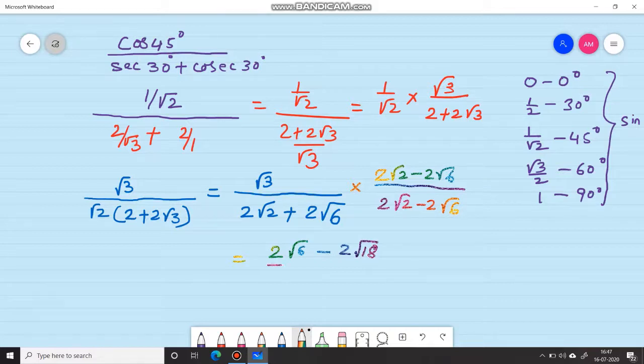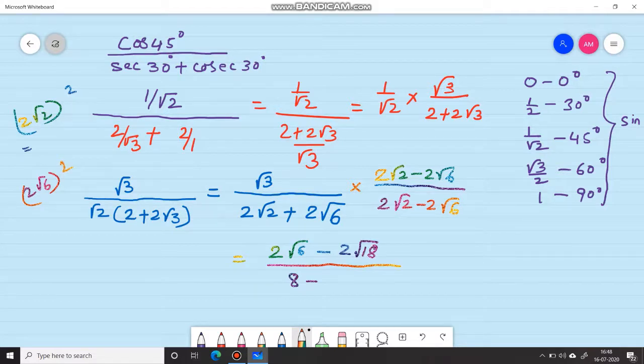Now come to the lower part. A plus b into a minus b, so a square minus b square. So 2 root 2 whole square is how much? 2 root 2 whole square. How much? This is 4 and this is 2. 4 2s are 8. So you are getting 8 here. Minus 2 root 6 whole square. 2 root 6 whole square means how much? 2 2s are 4 and this root 6 will give you 6.